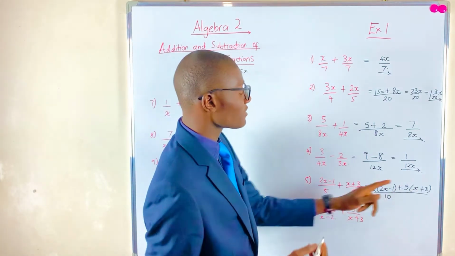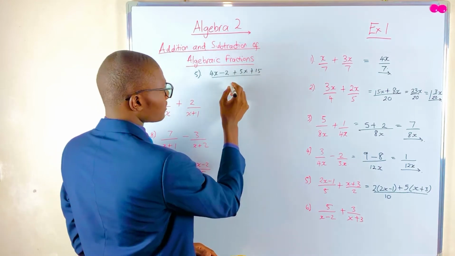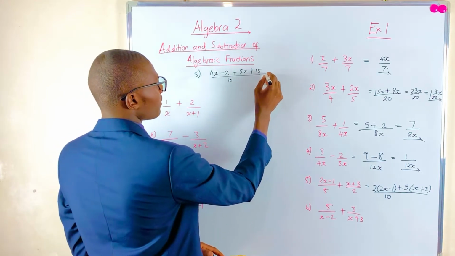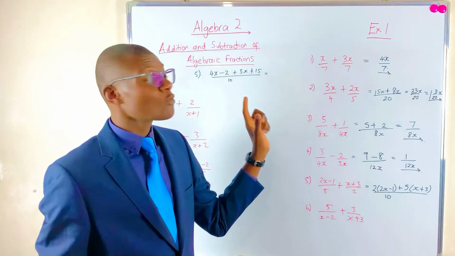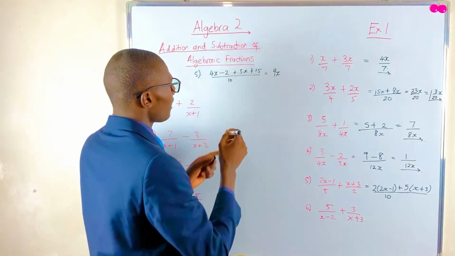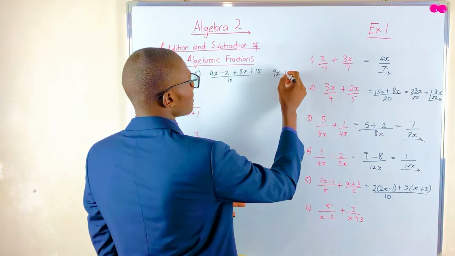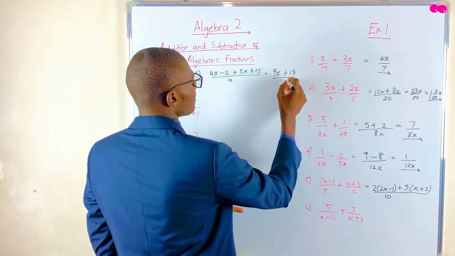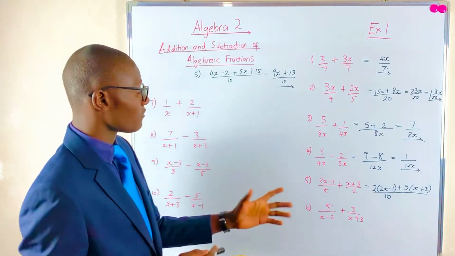Then plus 5 times 3, that's plus 15. And this is over 10. Then we can further simplify this by grouping like terms. We've got 4x plus 5x to give us 9x. And then we've got minus 2 plus 15 to give us plus 13. And this is over 10. So this is the final result that we get for number 5.